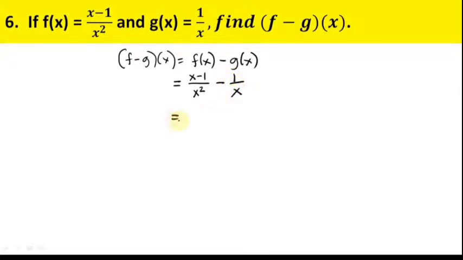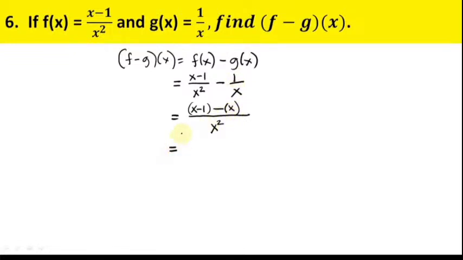Then find the LCD. So ang x squared pwede ma-divide sa x, so our LCD is x squared. Then x squared divide x squared, that is 1 times x minus 1, itong numerator, so that is x minus 1 subtract ito, subtract x squared divide x, that is x times 1, so automatically x pa rin yan.